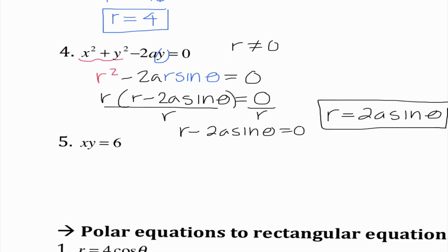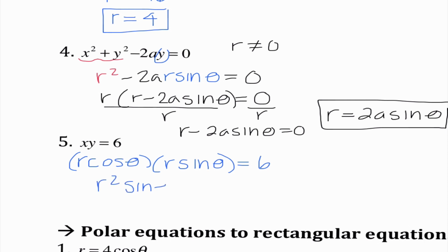Okay, and our last one here, xy equals 6. So I have r cosine theta times r sine theta equals 6. So I get r squared sine cosine equals 6. I'm going to go ahead and divide both sides by sine cosine.